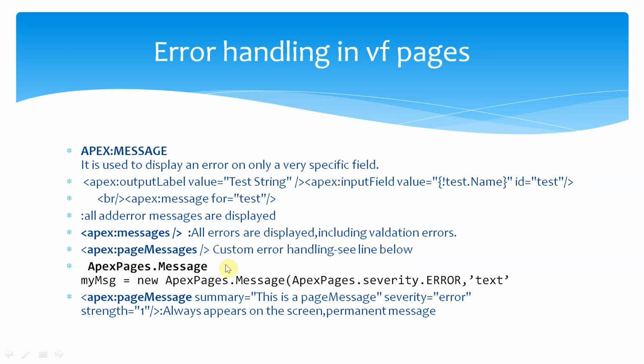And there is another class called ApexPages.Message. In this, it will always be a permanent screen message. From your Apex, you can say ApexPages.addMessage and a new ApexPages.Message, and you type the text that you want. So this is typically to bring the errors to the front end. We'll take a look at this to understand how this works.